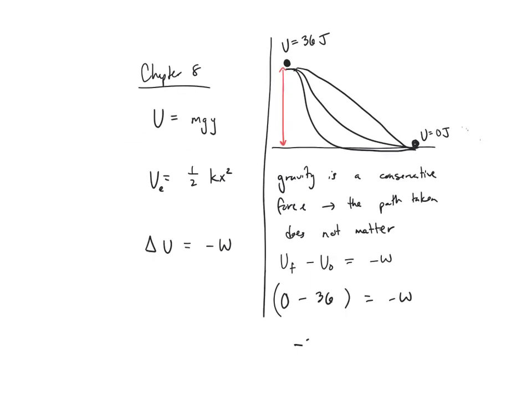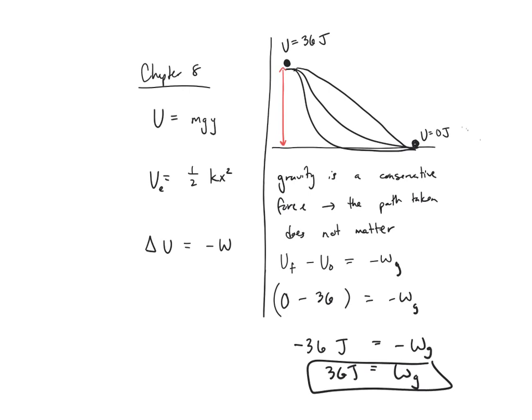And we see negative 36 joules, and that equals the negative work. So what kind of work does gravity do in this problem? Gravity does positive work. If you want to put a G for work done by gravity for all of these, you can. Gravity does positive work here because which way is the object moving? It's moving down. That's where the negative sign comes from in this theory right here.